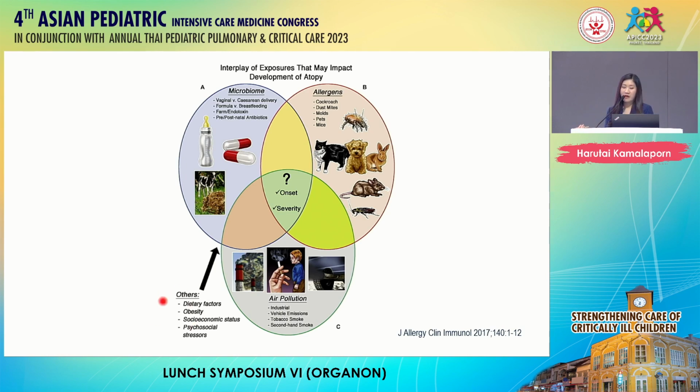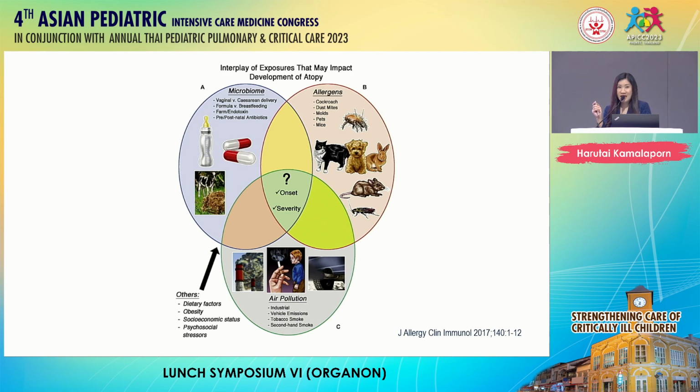Along with Dr. Bandan's lecture, obesity is multifactorial like this, with socioeconomic status and psychosocial stressors as well, and smoking. Smoking right now in Thailand has shifted from tobacco smoke to the e-cigarette. So that's going to be the new thing for young children. Can you guess how old the children are that start to try the e-cigarette in Thailand?